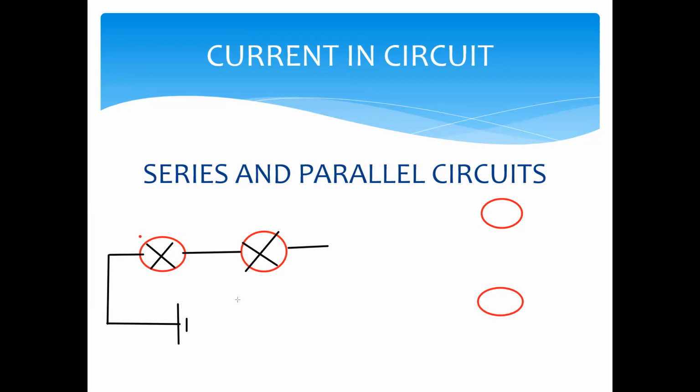But if the charges have multiple ways to flow through the components, and if one of the connections breaks, the circuit still works, as an alternative route is there for the charges to move or flow, so we call that a parallel circuit.